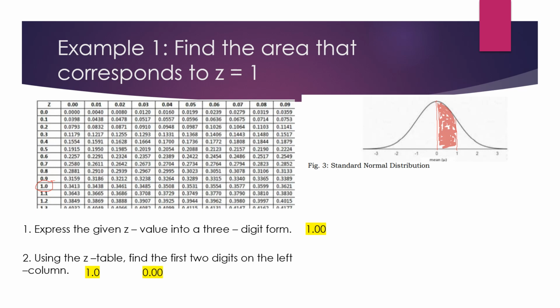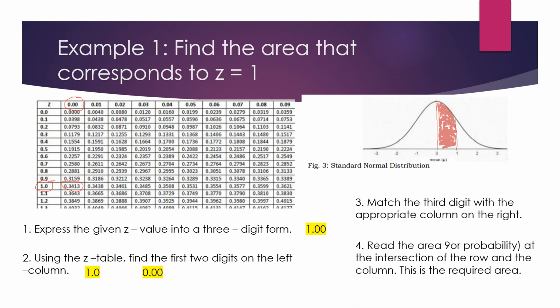And its hundredths digit is 00. So in step 3, match the third digit with the appropriate column at the right. From this point, 0.00, finding its intersection, we have 0.3413. Read the area or probability at the intersection of the row and the column. And this is now the required area. The area is 0.3413.